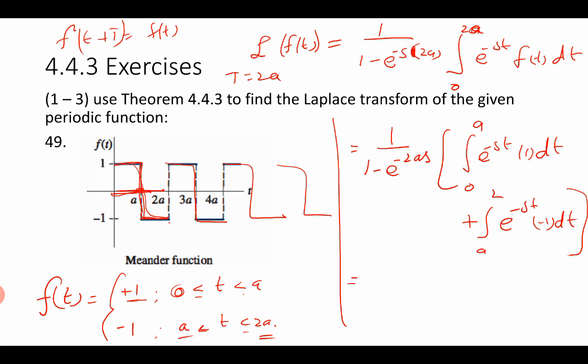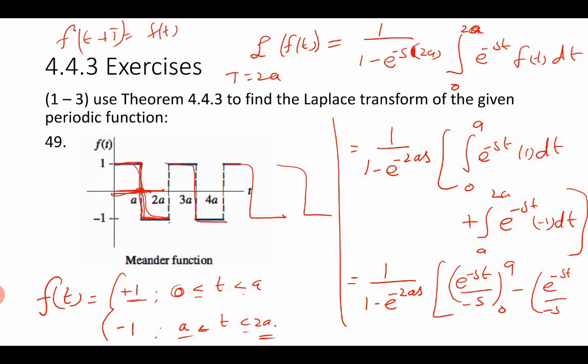So you will write 1 over 1 minus e raised to negative 2as, and the first integration will be e raised to minus st over minus s from 0 to a, minus second integration is e raised to minus st over minus s from a to 2a.